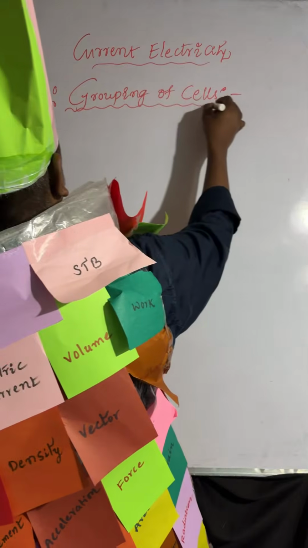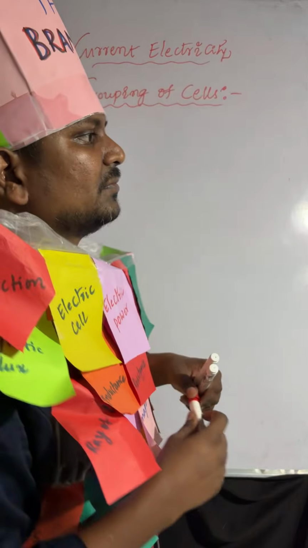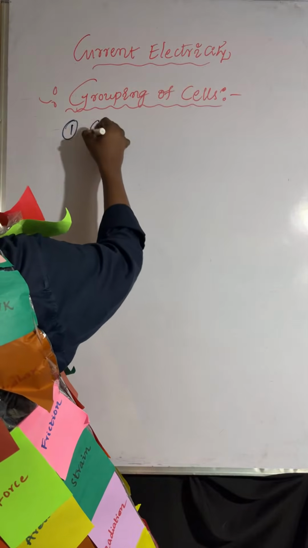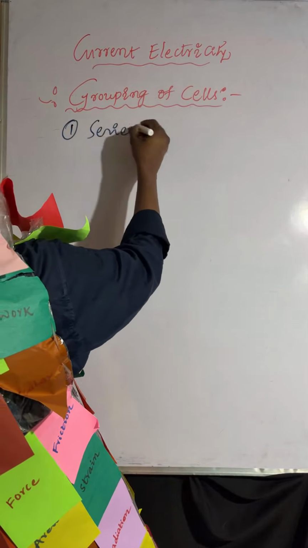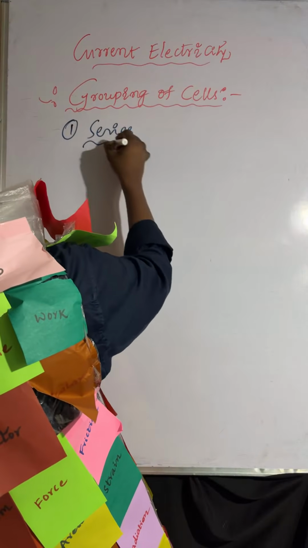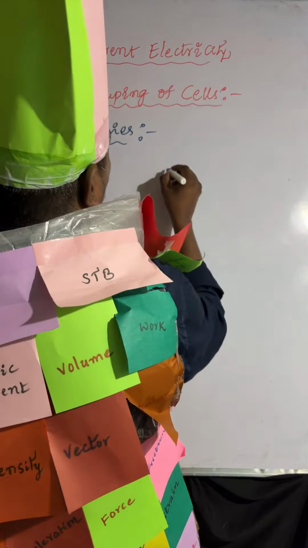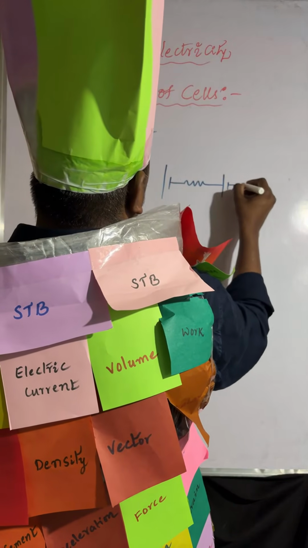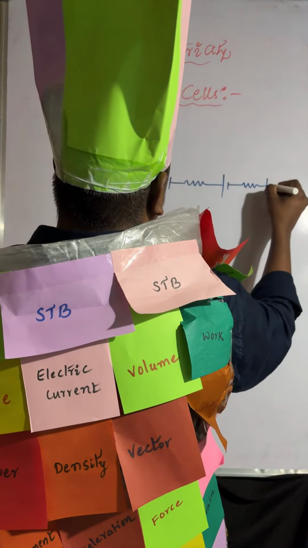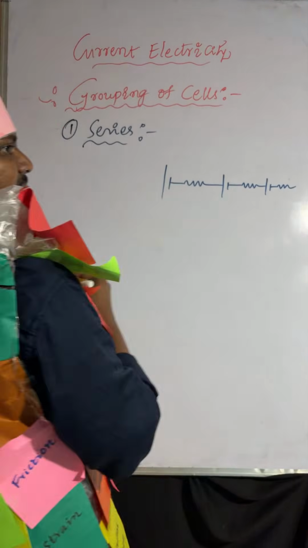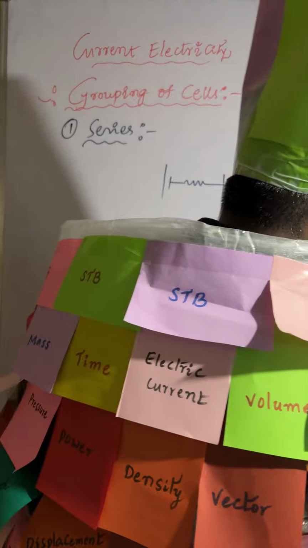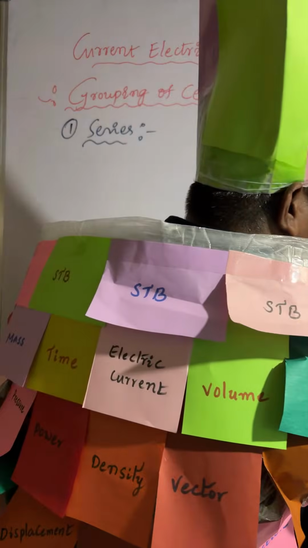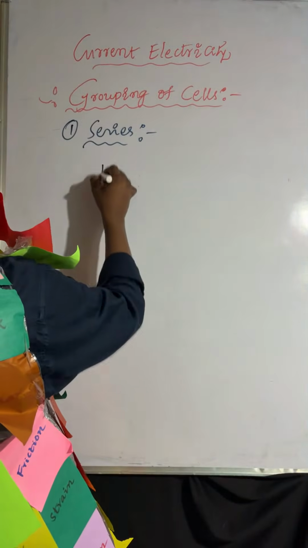So cells are connected in series combination. You can take one internal resistance, again internal resistance, again internal resistance. I'll draw here.